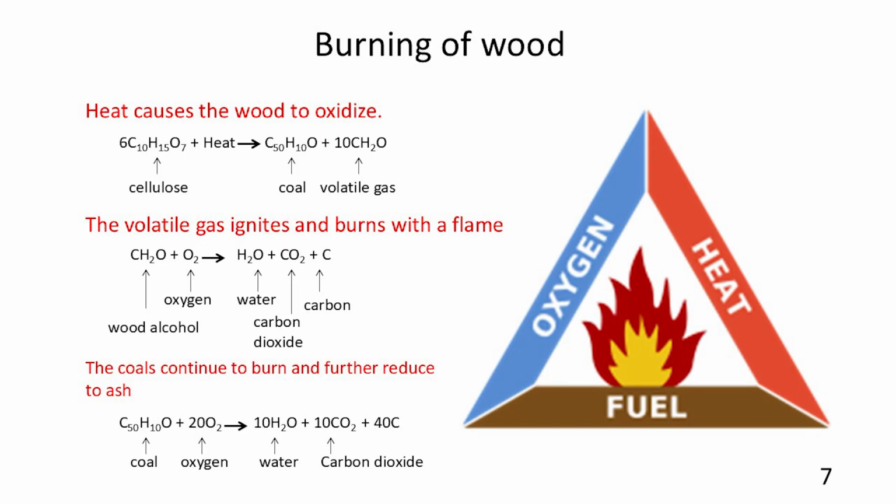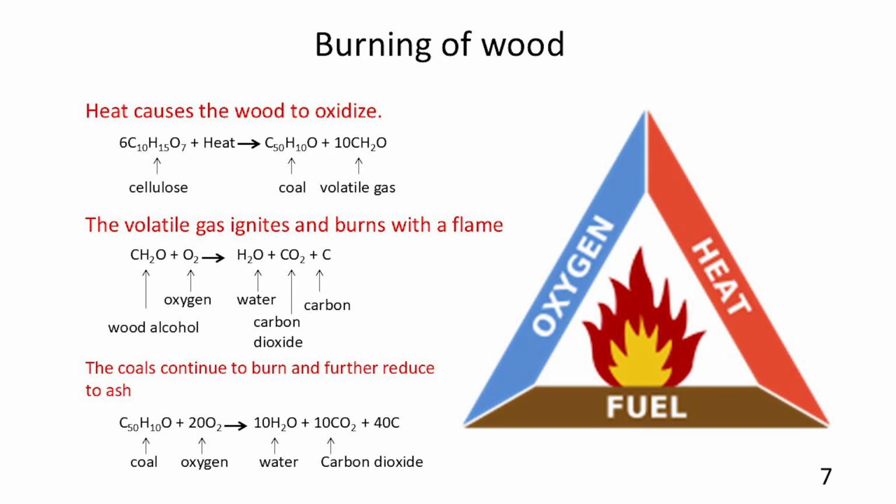Now, essentially, burning of wood is just chemical reactions that are taking place. And there are 3 different chemical reactions that are going on. One is the oxidation of the wood, converting the wood into charred wood or charcoal. Now, the other thing that's going on is the heating of the wood releases volatile gases.